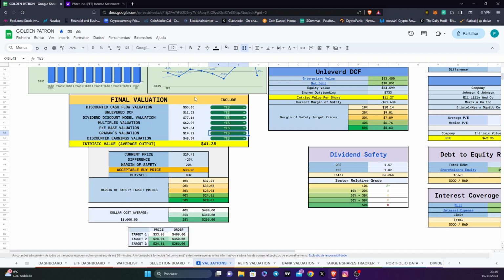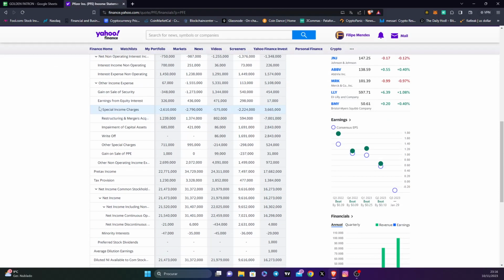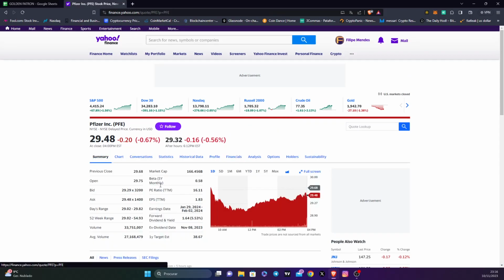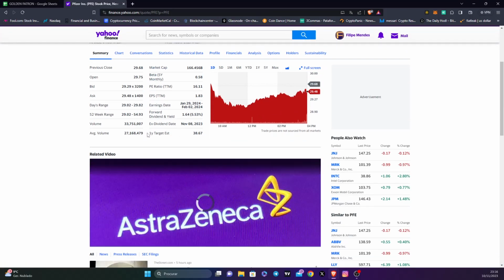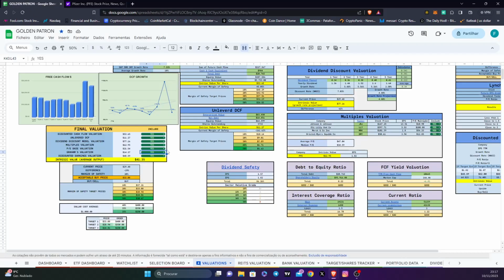So doing all the valuations together, let me zoom out. Doing all these valuations, which are very important, you come to a final intrinsic value of $41.35. So I think this is a really good target price. Let me see what analysts actually have. As you can see, the analysts have the 1 year target estimated at $38.